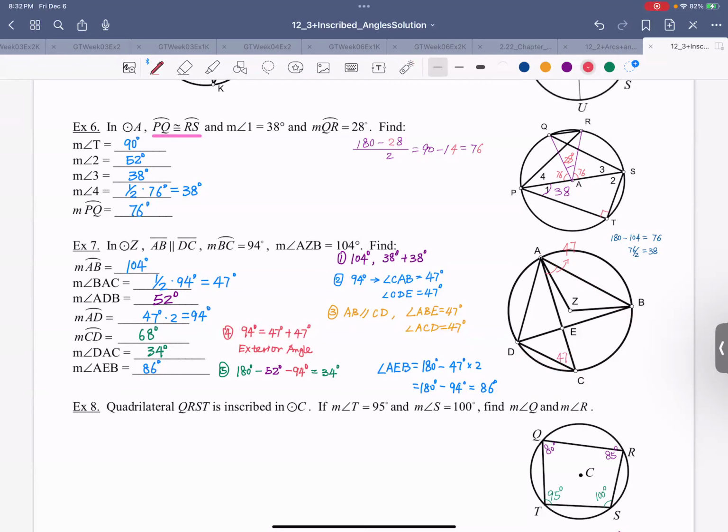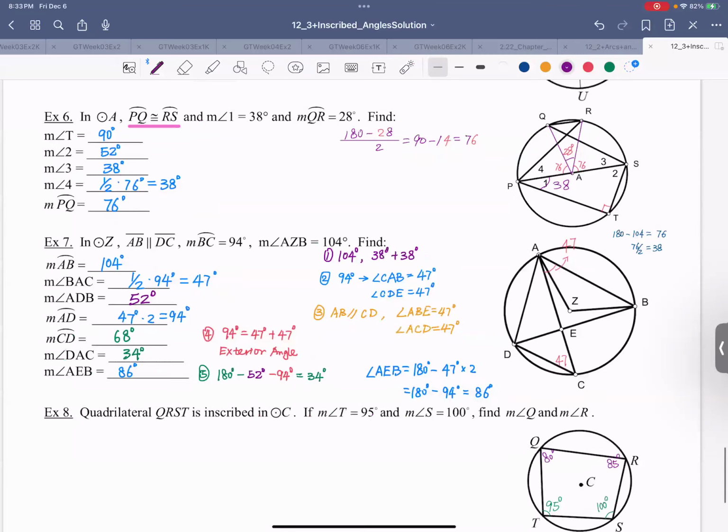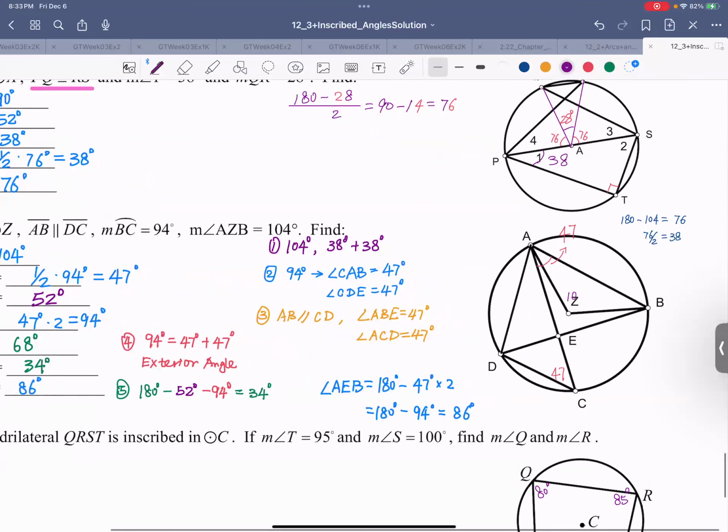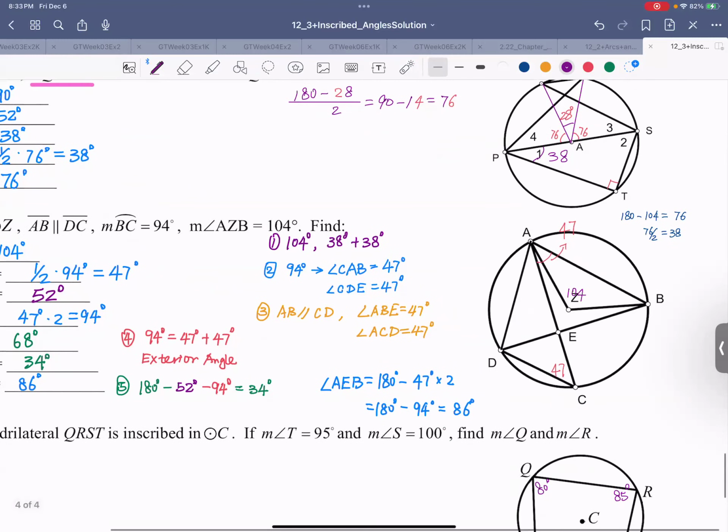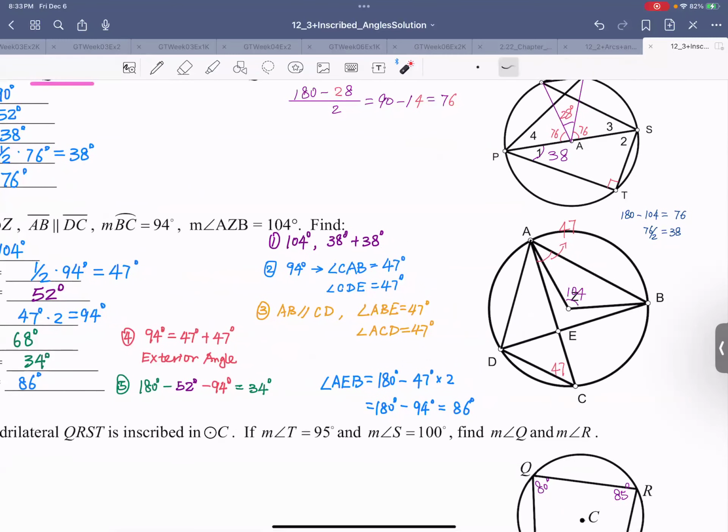Now, let's keep going. AZB is 104. This is 104, right? Let's write down here. The good thing about good notes is you can use infinitely many colors to mark and help you solve. This triangle is an isosceles triangle.